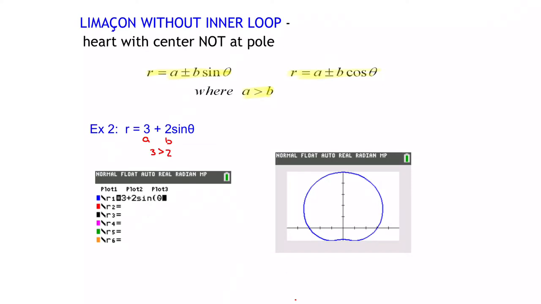As we plugged in 3 plus 2 sine theta, once again you can use your zoom standard, zoom fit, which is 0, and then zoom 5, which is your zoom square. And you can see once again that it is no longer centered at the pole right here. Once again, this is called a Lemniscate, but it's without an inner loop. So obviously we're going to be looking at one with an inner loop.